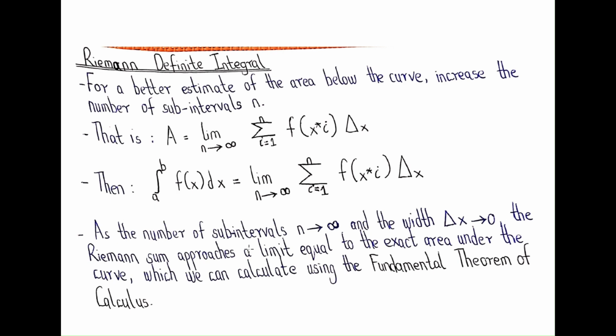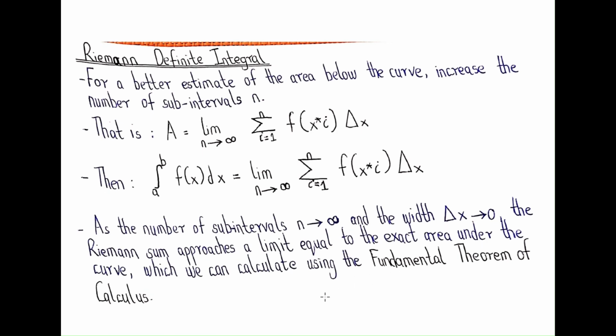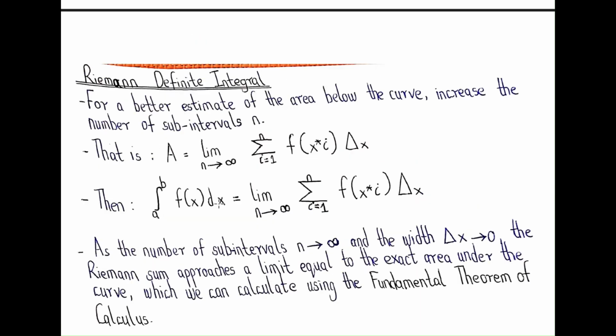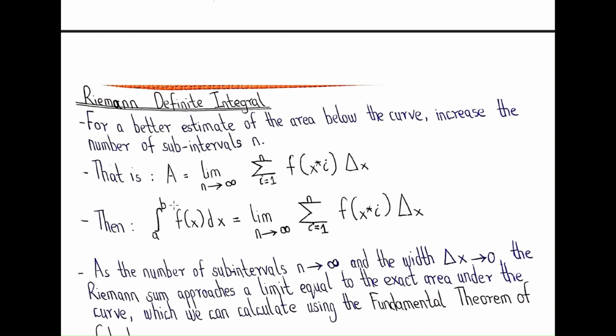As the number of sub-intervals n tends to infinity and the width delta x tends to 0, the Riemann sum approaches a limit equal to the exact area under the curve, which we can calculate using the fundamental theorem of calculus. That is the definite integral of f of x from a to b.